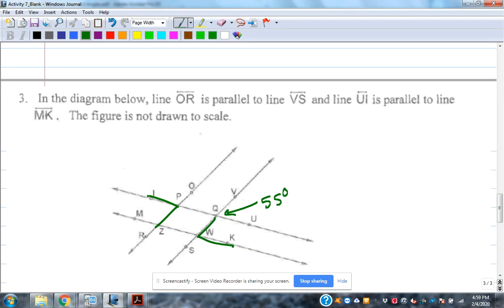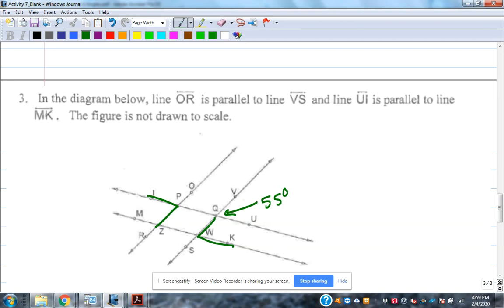Well, but they're on different transversals if you call them interiors. And for the same reason you couldn't call them exterior either, because they're on different transversals. But you could call them corresponding because they should be the same, right? Kind of through the grapevine, you know that QWK is corresponding to VQU, and that PZW is corresponding to QWK, and then we know that PZW and IPZ are the same because they are corresponding or opposite interiors.